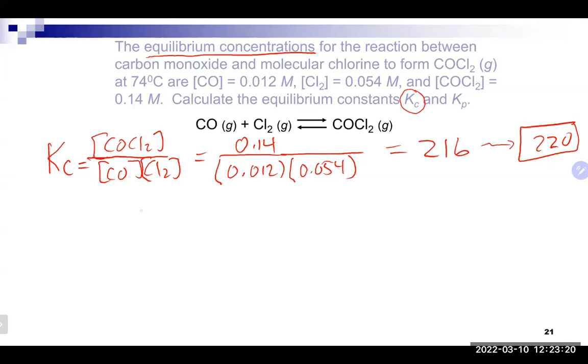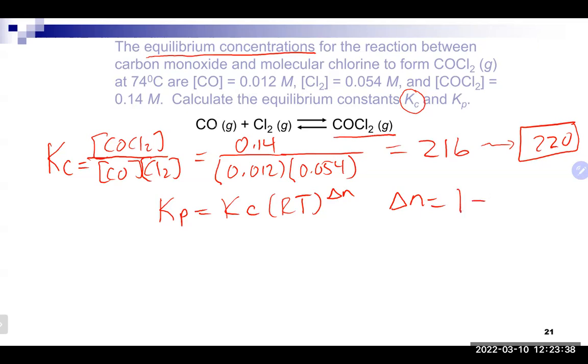So doing that, now that we have the KC, we could use that formula that we saw earlier, which was the KP is equal to the KC times RT to the delta N. Here we want to figure out our delta N. Again, on the product side, we have a gas molecule and only one of them.